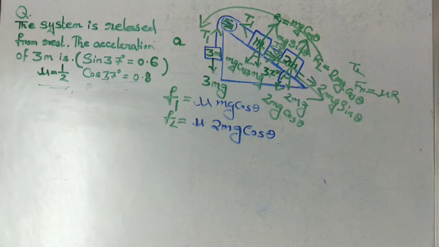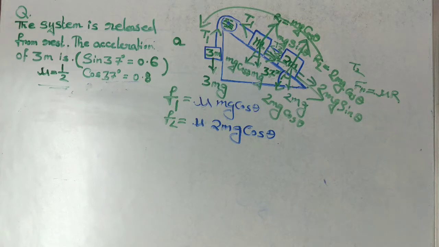Now, I already told you the direction of the frictional force, right? Now the last step is, we have to consider the free body diagram of each mass separately, right?